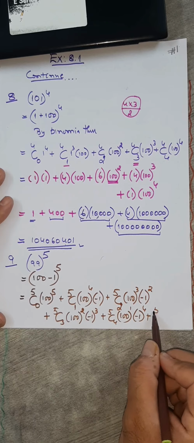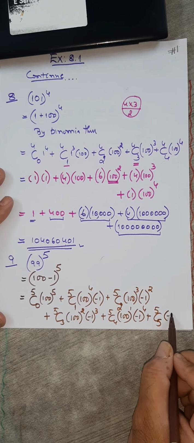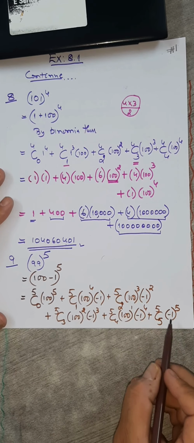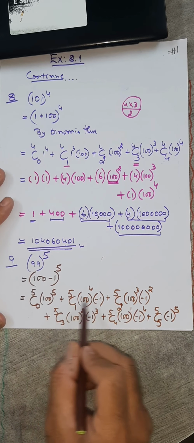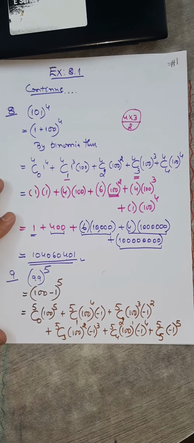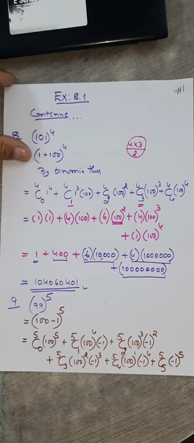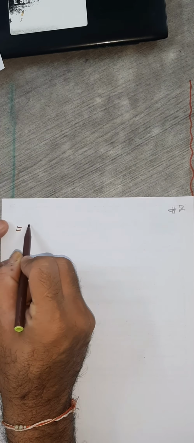And finally the last one, 5C5, this is 100 raised to 0 into (minus 1) raised to 5. So here your minus sign, here your minus sign, and here your minus sign, because here you have odd powers. Just simplify, so you will get the answer. Or let me do it, no problem. I'm just simplifying. See, what is 5C0?